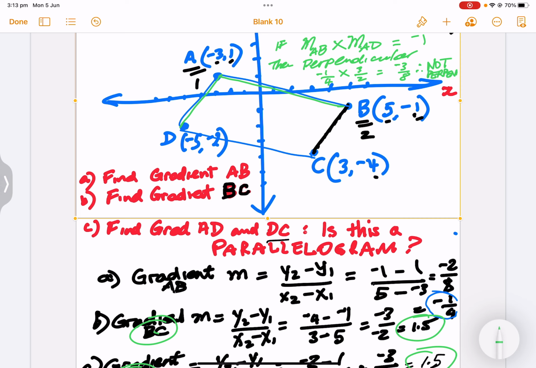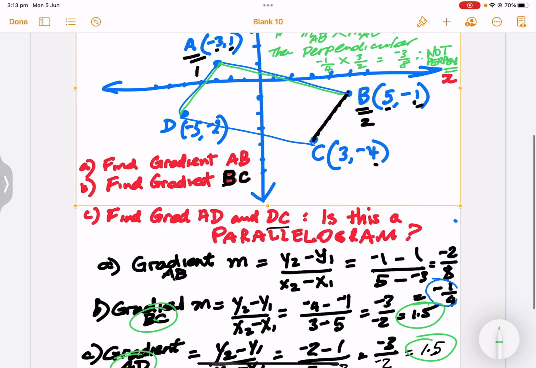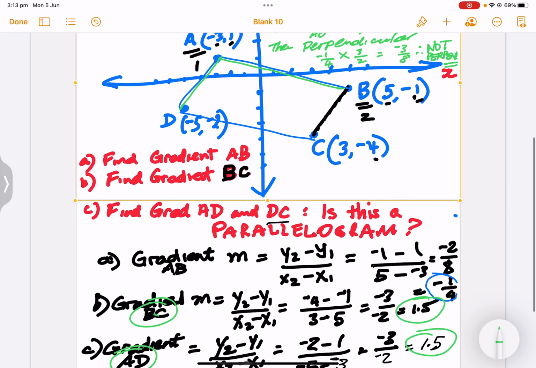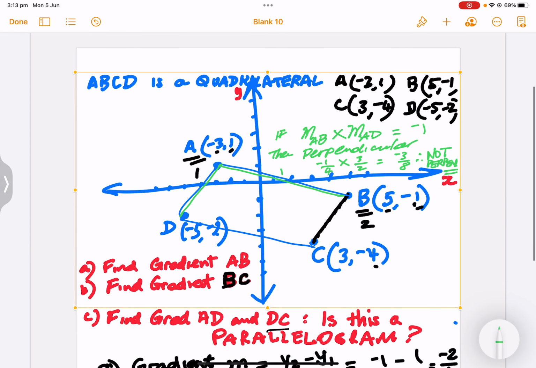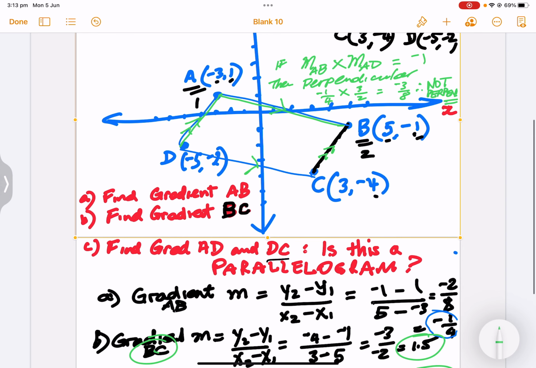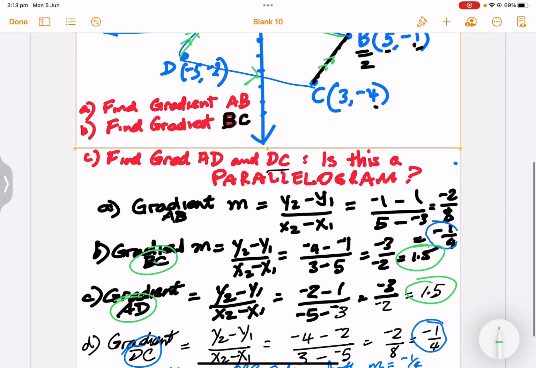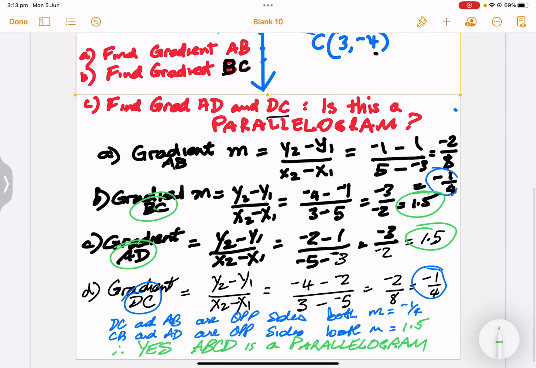If that was -1, we'd say yes, they're perpendicular, but they're not. It's not a right angle in that position. But yes, they're parallel. So I'm going to put a single arrow on those, a double arrow on those, just to wrap it up, because yes, they're the same gradients and it's a parallelogram. Cheers.